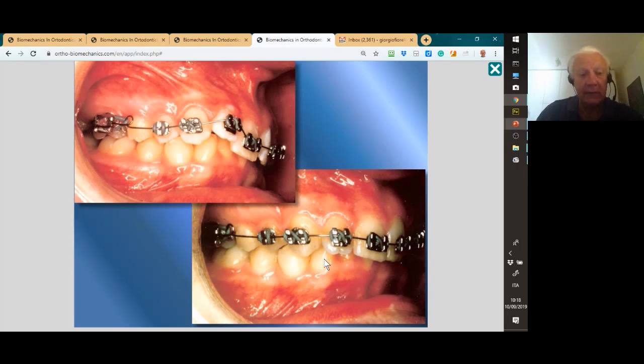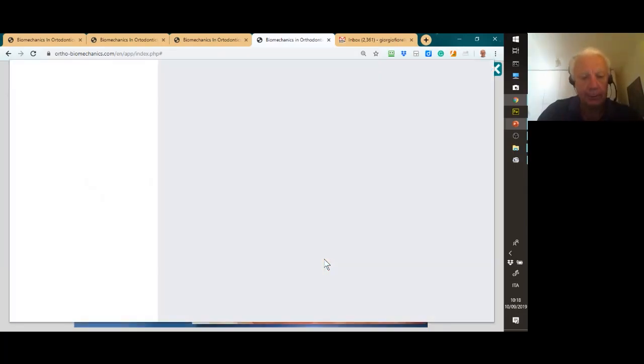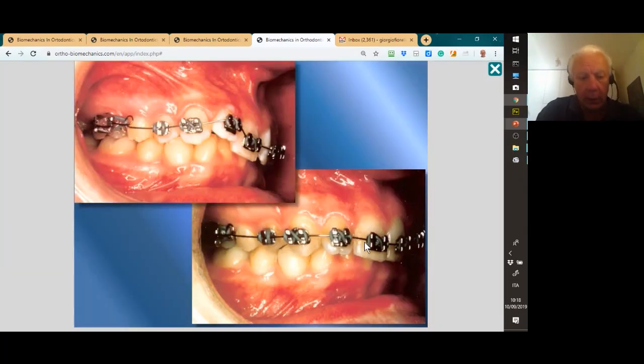But this is not what we would like to get. And I would like you to remark that in spite of the fact that you have a better alignment, here we have a deep bite, and here we have the same deep bite.